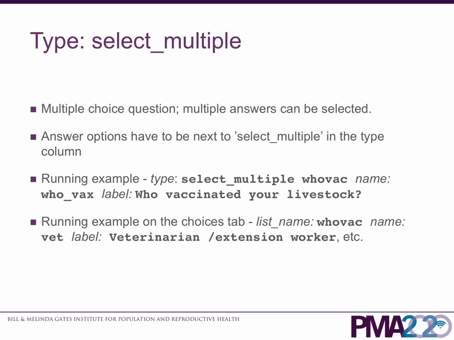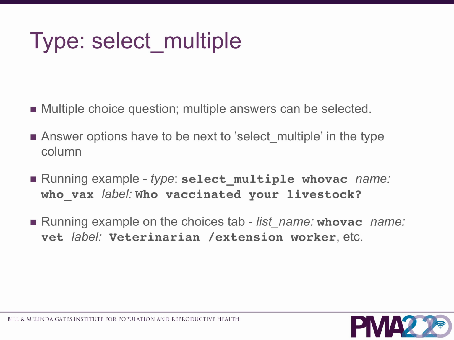Similar to a select_1 type of question, you will have your question type in the type column and a space and then the list name of the related answers. So for our example, you'll see that the question about who vaccinated your livestock allows the interviewer to enter multiple responses for that question. Hence, we've decided to use a select multiple question.